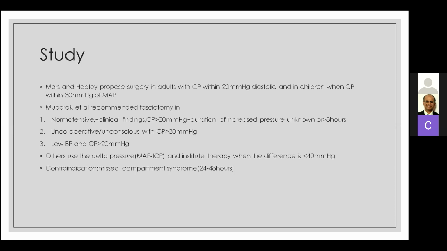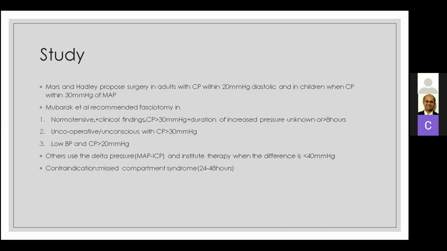Also, if a patient is uncooperative or unconscious, but the compartmental pressure is more than 30, and also with hypotensive patients with a compartmental pressure more than 20. Others use delta pressure, which is mean arterial pressure minus the intracompartmental pressure, and they institute therapy if the difference is less than 40 millimeters of mercury.